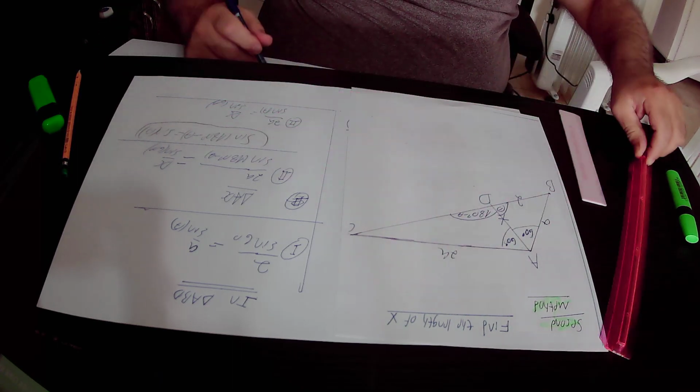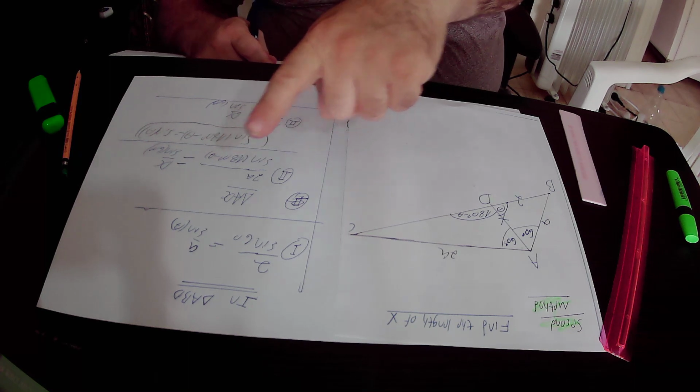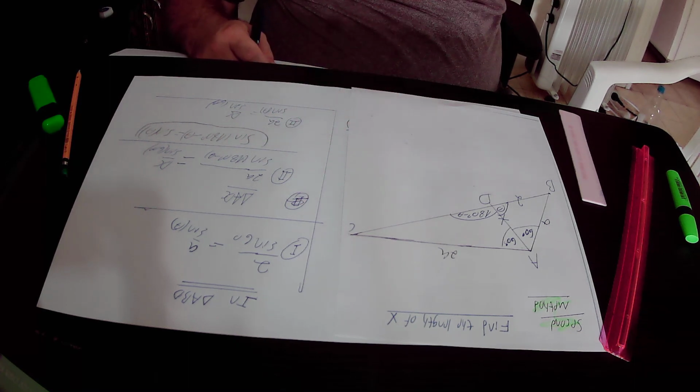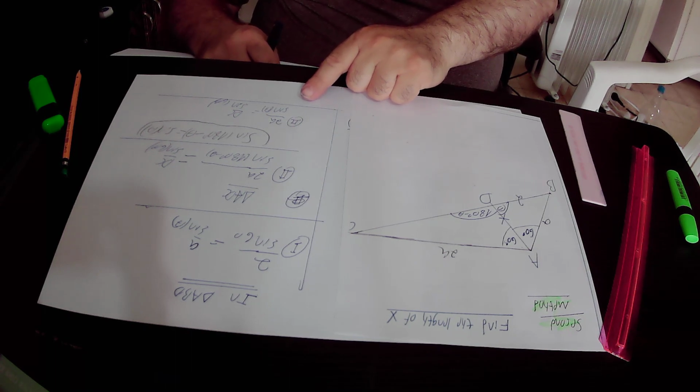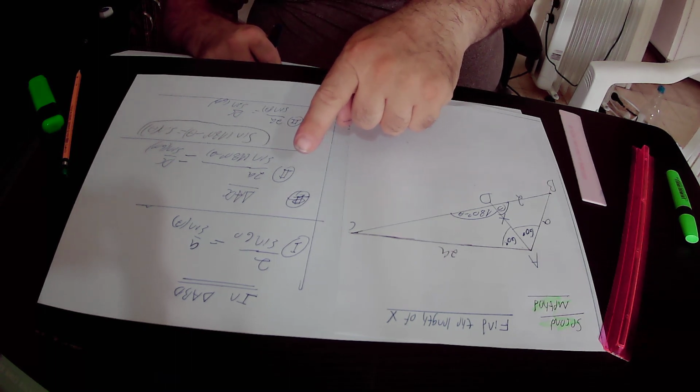According to equation number 1, a over sine theta equals 2 over sine 60 degrees. That is to say, we can substitute a over sine theta in equation number 2 by 2 over sine 60 degrees.